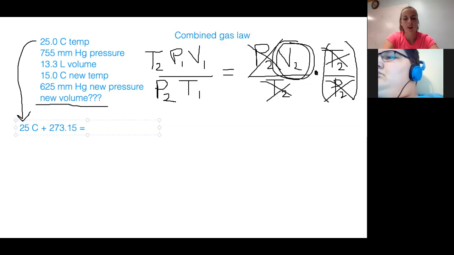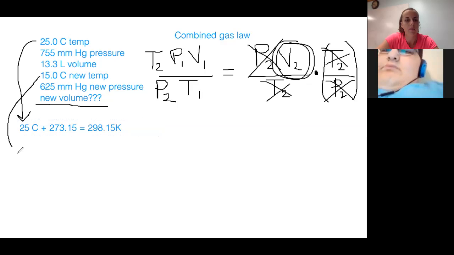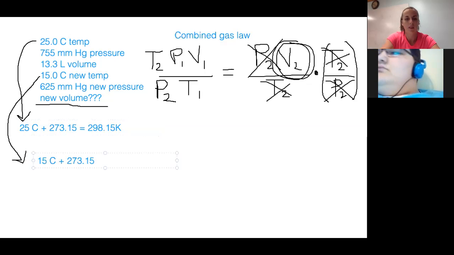They use that one a lot, so you should basically have it memorized. That's 298.15 Kelvin. Okay, now let's convert our second temperature. We have 15 degrees Celsius plus 273.15, and that's going to equal 288.15 Kelvin.